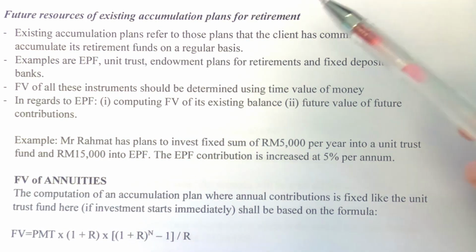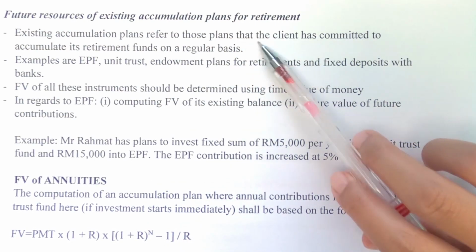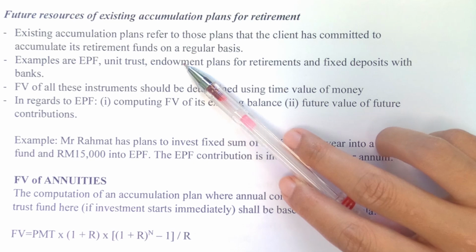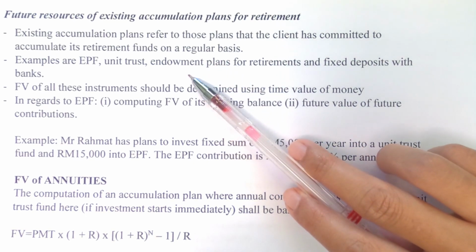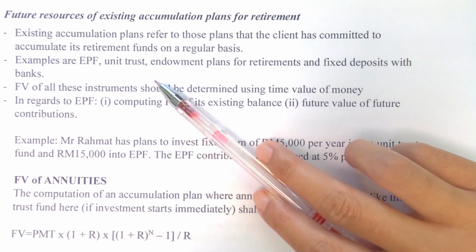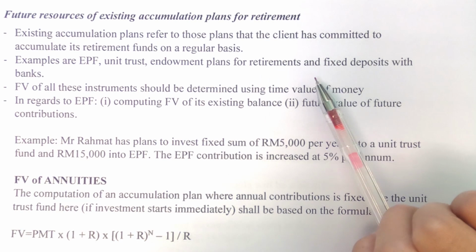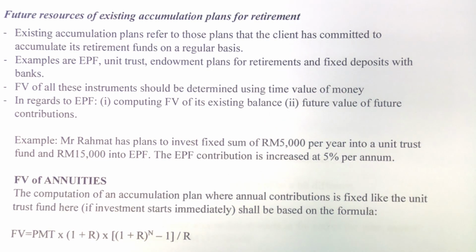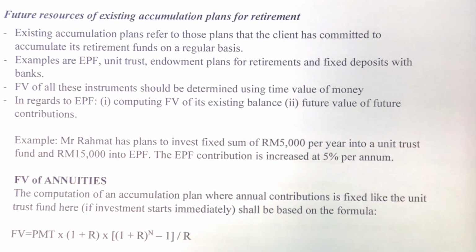The existing accumulation plan refers to those plans that the client has committed to, to accumulate their retirement fund on a regular basis. Examples are EPF, unit trust, endowment plan for retirement, and fixed deposit with the bank. And the future value of all of these instruments should be determined using the time value of money.